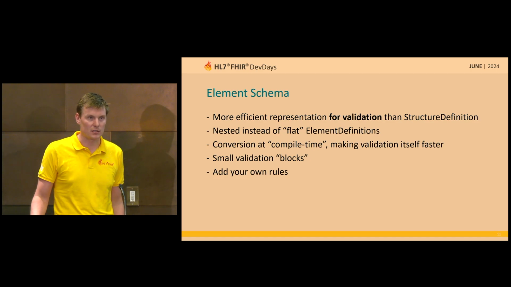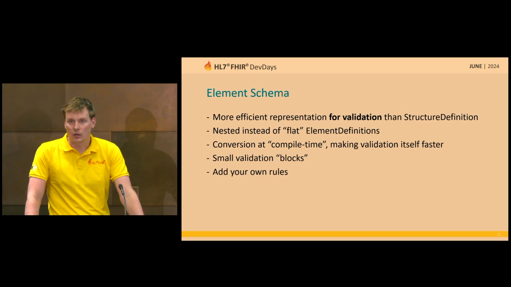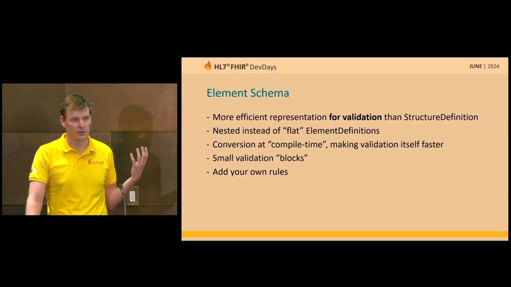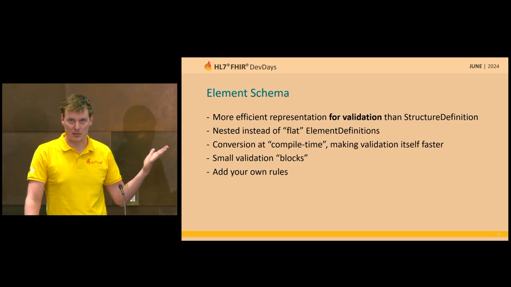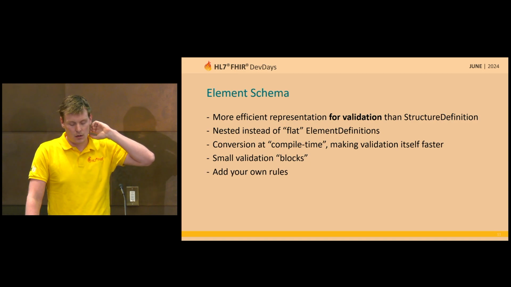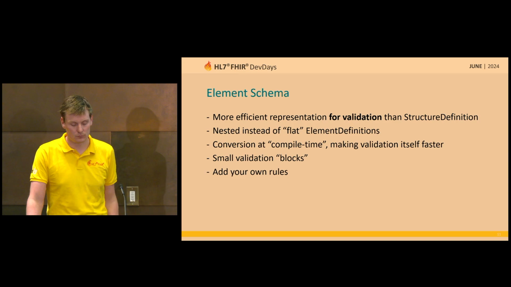Element schema is something we invented for ourselves as an internal class of the validator, and it's a way to express structure definitions in a more efficient way for validation. It's used for validation only, rather than the structure definition resource itself.